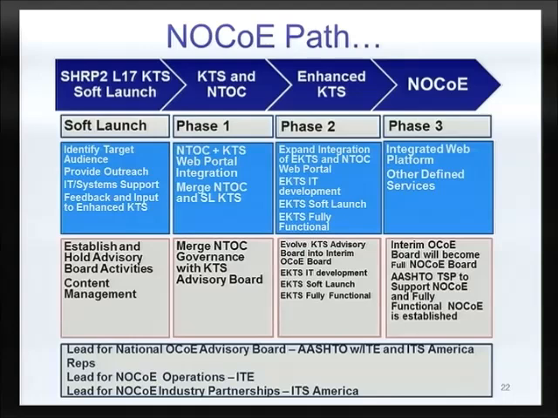And this is a programmatic path for ITE, AASHTO, and ITS America collectively working with Federal Highway and developing the enhancements. And you can see that the EKTS path will have a soft launch with the existing site, or existing KTS. Phase 1, Phase 2, Phase 3, they're all concurrent programs. It's not like we're only waiting for Phase 1 to finish. But all those enhancements progressively take you to the building up of the National Center.